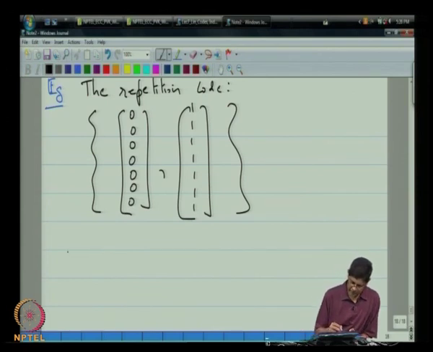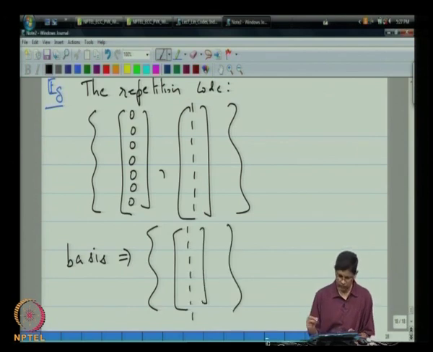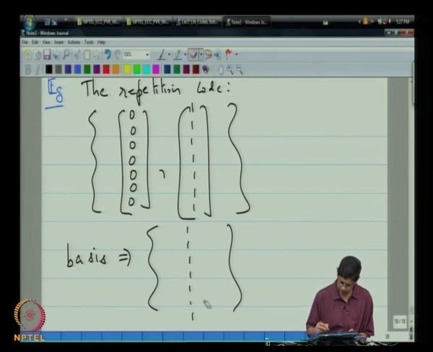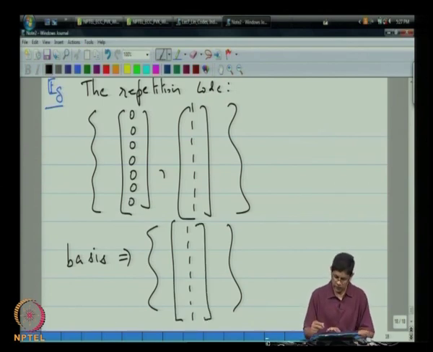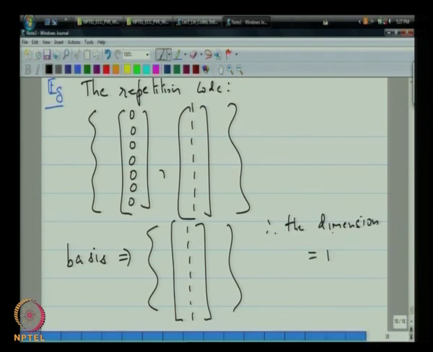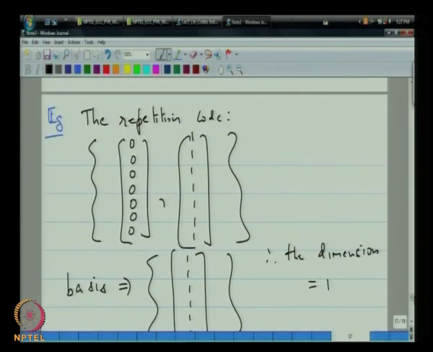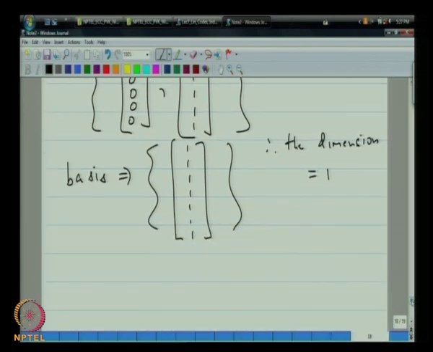So, clearly a basis for this code is just the vector of all ones. Therefore, the dimension equals 1. Now, just a quick note here. So, this is an instance where the code has block length 7 and dimension 1.